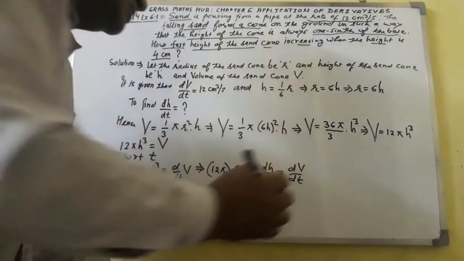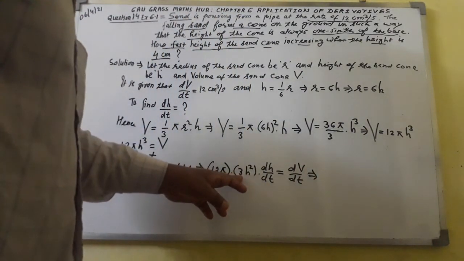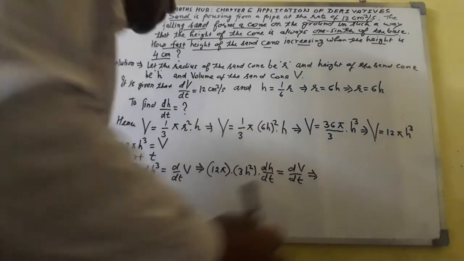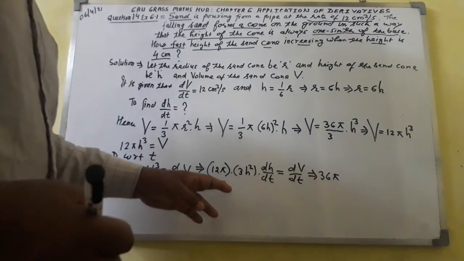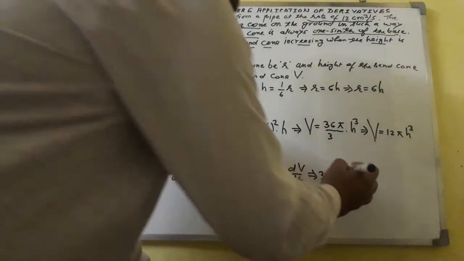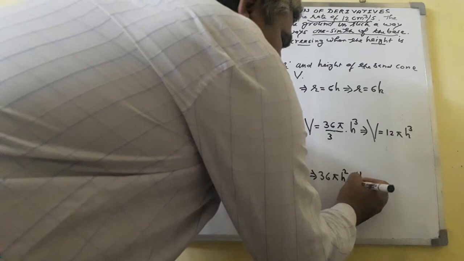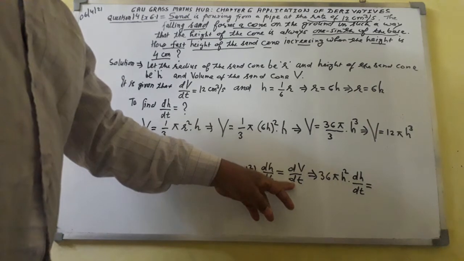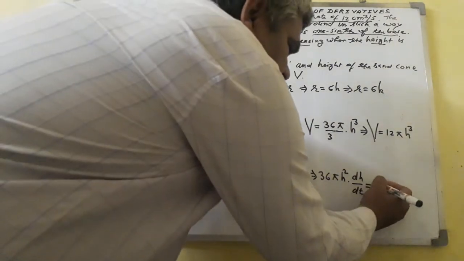So here 12 will multiply to 3, comes out to 36. So I write 36 pi h square dh over dt equal to dV over dt, which is given as 12 centimeter cube per second.